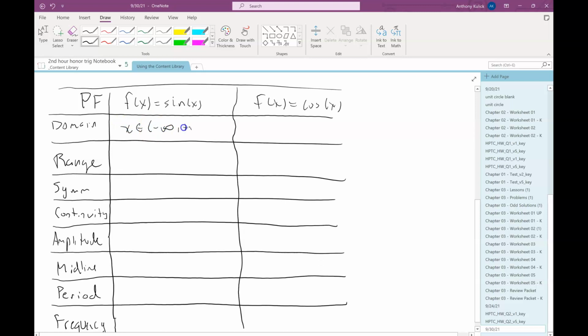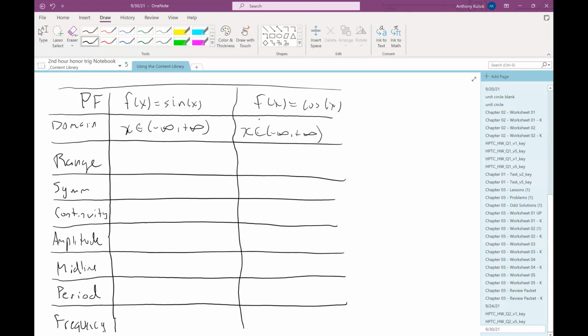Everybody's okay with that idea? So for both sine and cosine, the domain is all real numbers. When we redefined sine and cosine and took them outside of the right triangle and embedded them as points on a unit circle, we picked that up.